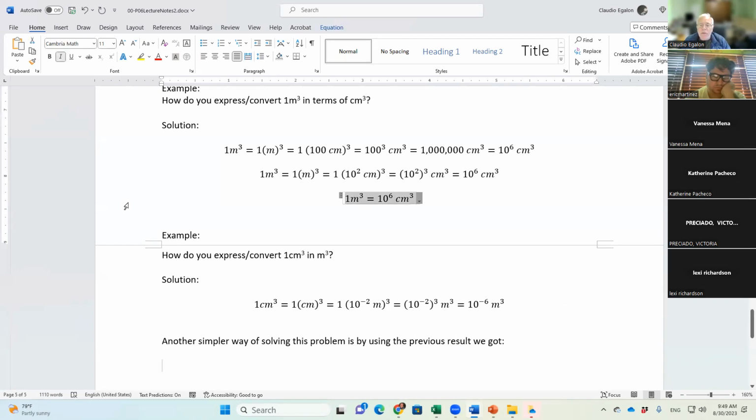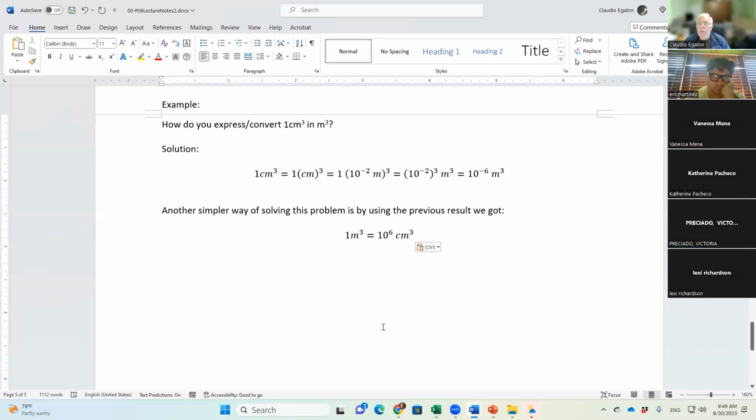And the previous result is this one here. I want to know how we write cubic centimeter in terms of cubic meter. What do I have to do? I just do my regular algebra.